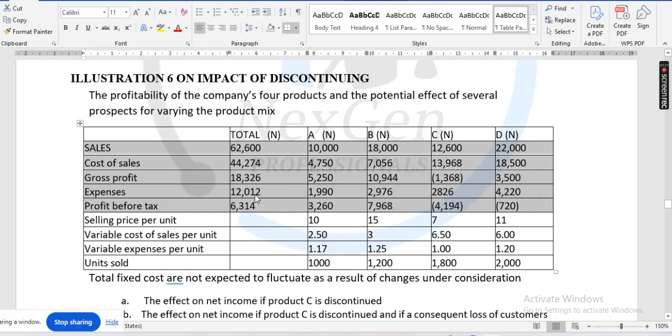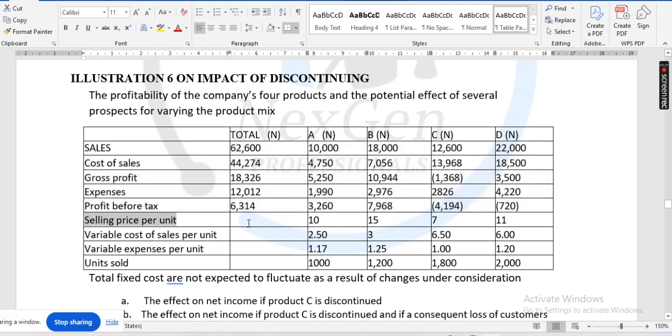Don't forget that expenses are like your unavoidable costs. Your rent is an unavoidable cost, because if you want to start a business, you need an apartment, so you must pay rent. So we don't know how they arrive at the profit before tax given above.